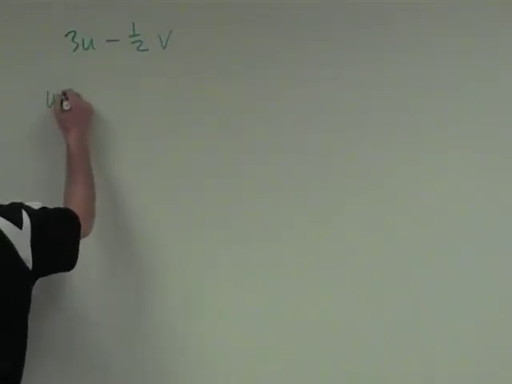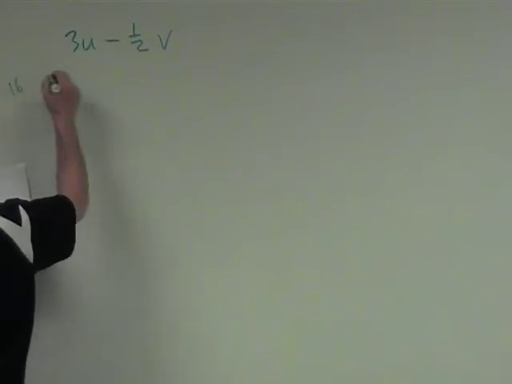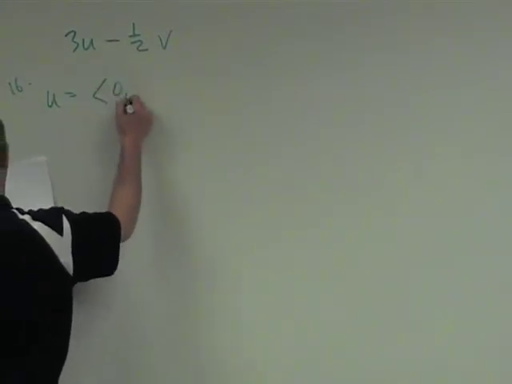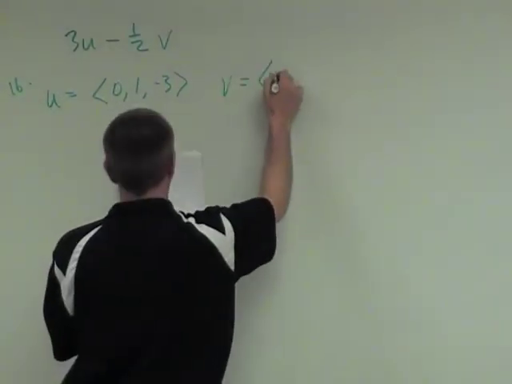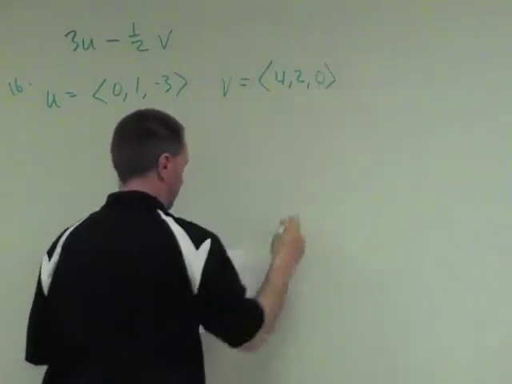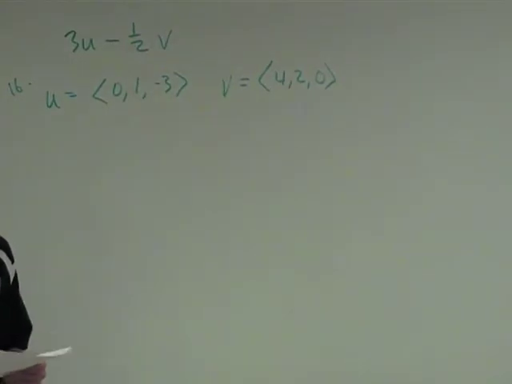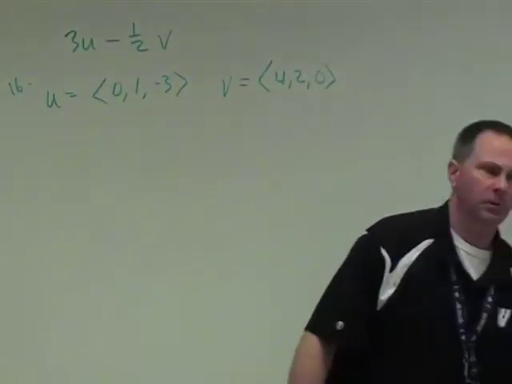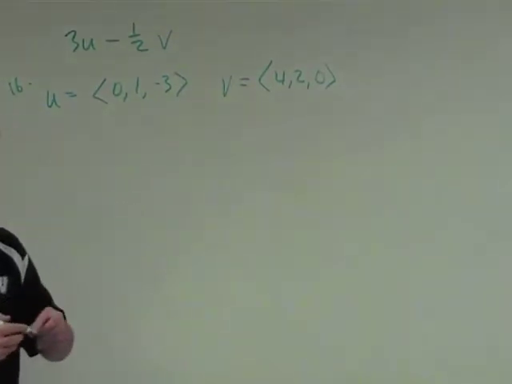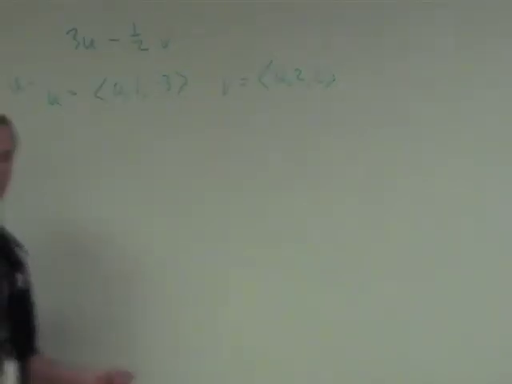Okay, so let's say, this is number 16, u is 0, 1, negative 3, and v is 4, 2, 0. Again, nothing's changed. Same thing you've already been taught how to do. Chapter 9 so far isn't very difficult. It's not necessarily easy, but it's not chapter 7. So everybody work this out.